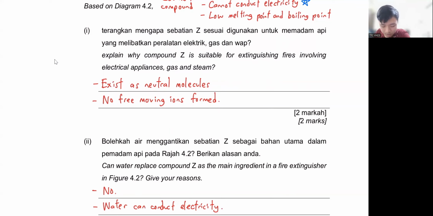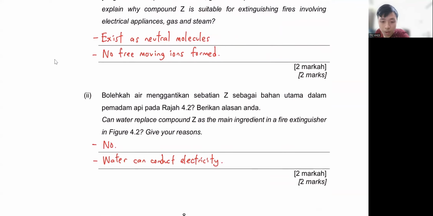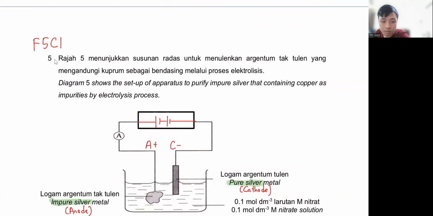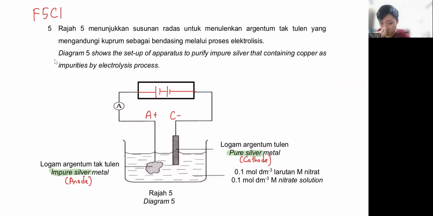Okay. Question 5 is actually Form 5, Chapter 1. Now, remember one of the experiments they did for this: impure metal, sometimes it is copper, sometimes it is silver. So impure silver, then this one is pure silver.